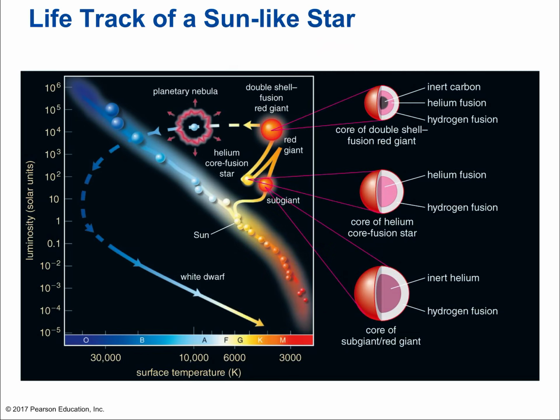Okay? So in summary, a star like the sun starts to die, becomes redder, more luminous, and larger, becomes a subgiant, eventually becomes a giant. At this point, it has an outer shell of burning hydrogen, but that core is still collapsing. When that core finally starts fusing helium into carbon, it becomes a carbon star.